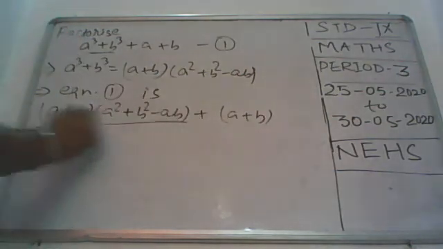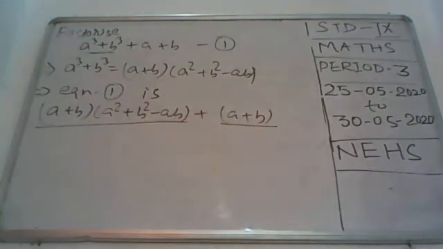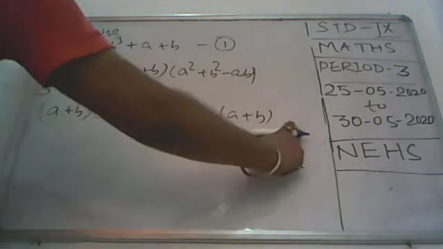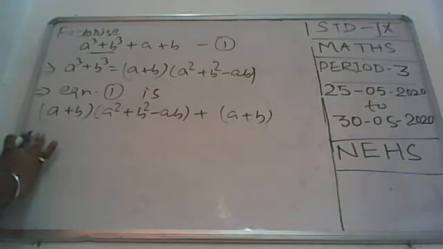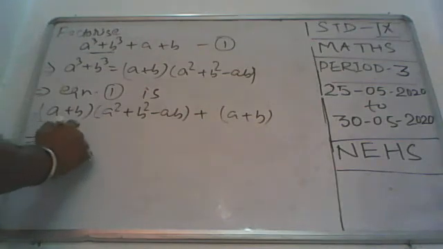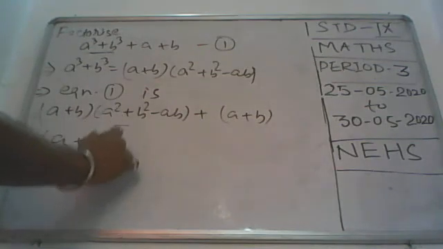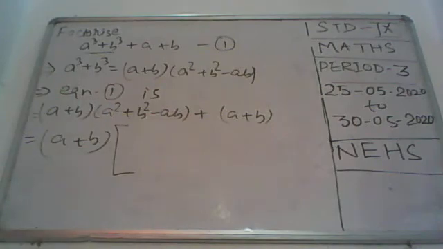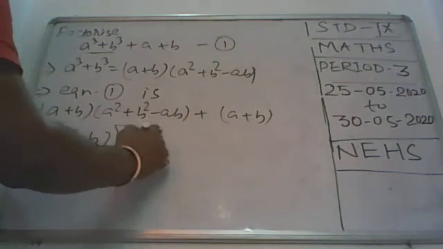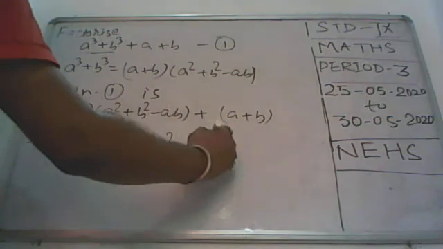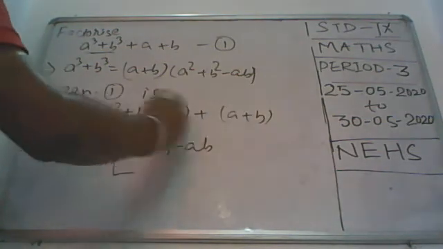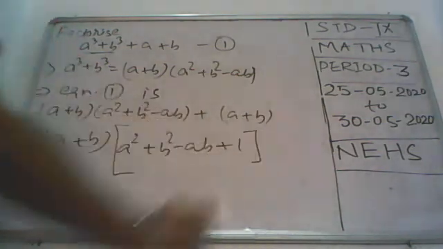This is one term, this is the second term. Now tell me, what is common in these two terms? Common is a plus b. So inside it will become a square plus b square minus ab, and from the second term a plus b has gone outside, so it is plus 1 only.